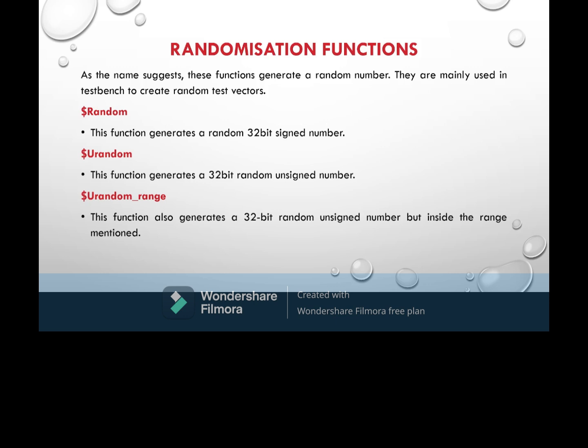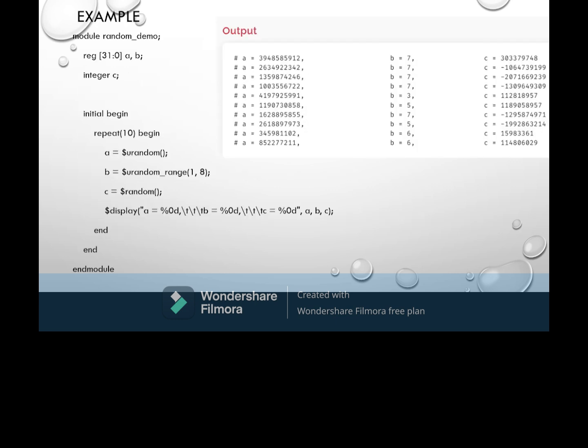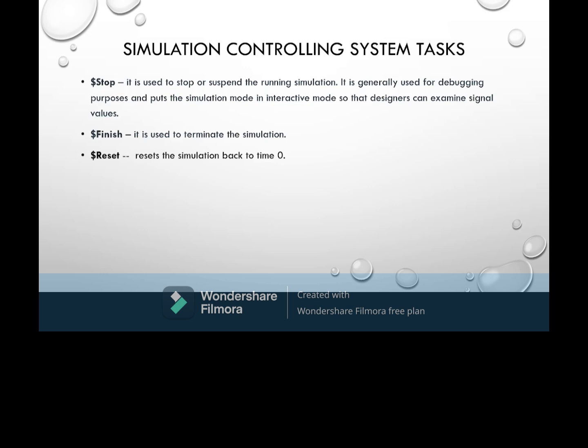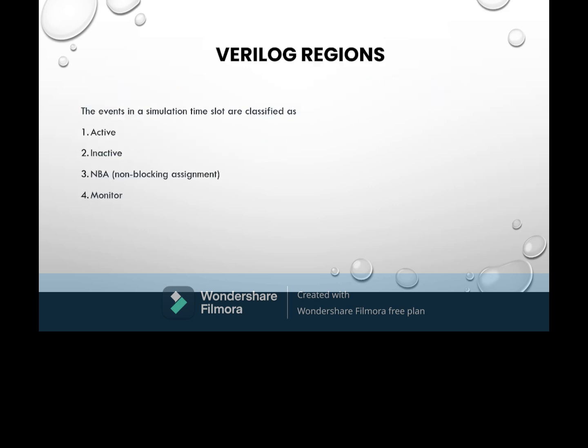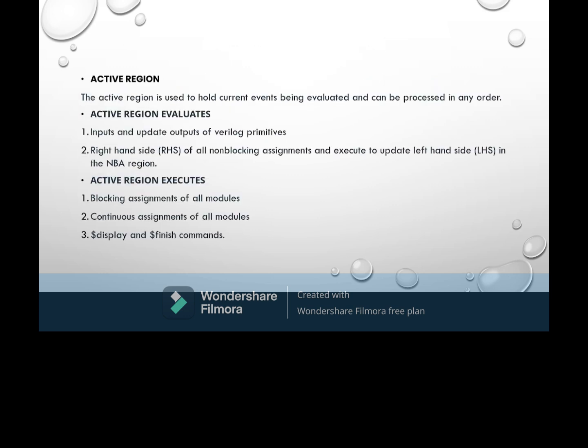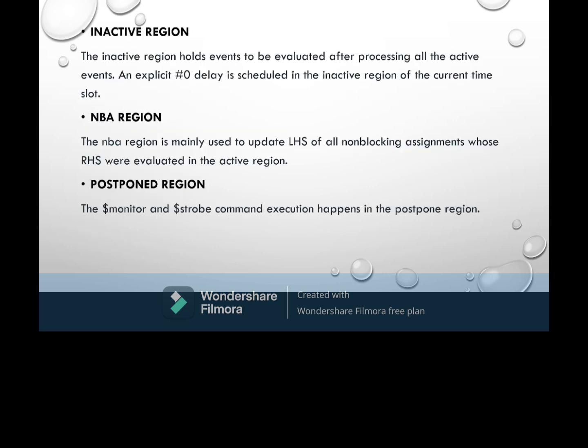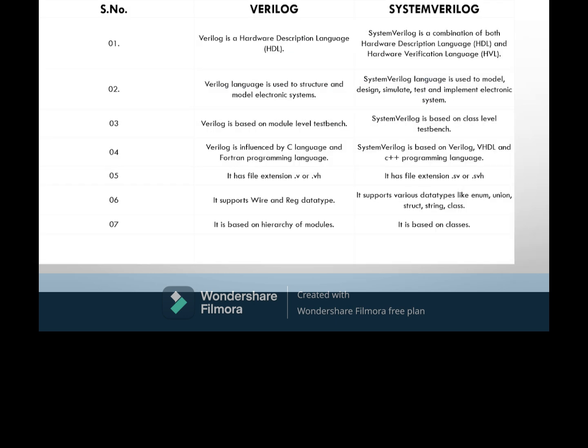You have very limited randomization functions in Verilog, like $random and $urandom_range. And some simulation control system tasks, which we have already discussed while explaining some of the codes. And then regions: in Verilog you have four regions: active, inactive, non-blocking and postponed region, right?